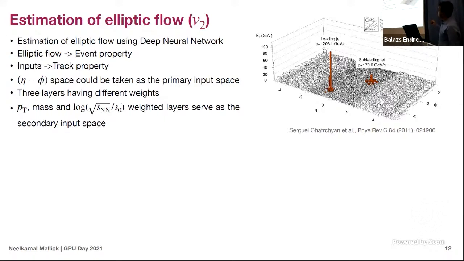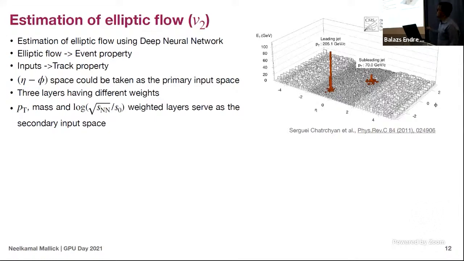This is the transverse energy, but the other jet is a bit diminished. This artifact is related to the medium formation, because when you have medium formation, one part of the jet comes out, but the other part goes inside the medium and loses its energy. So this is the typical picture of the eta-phi space.